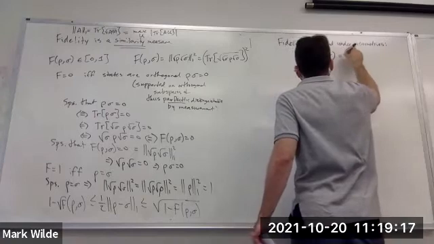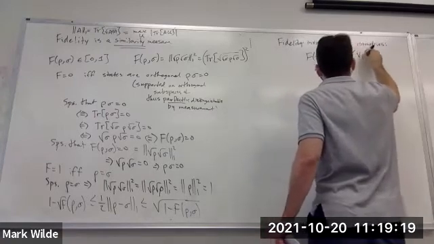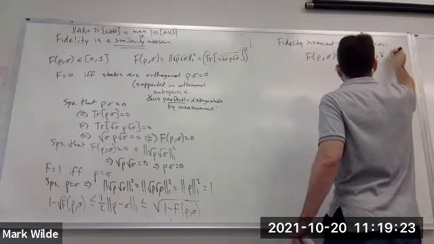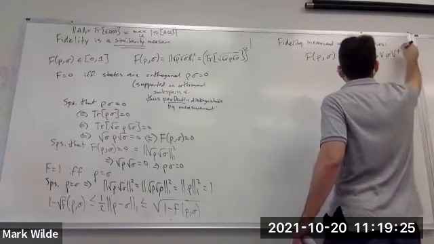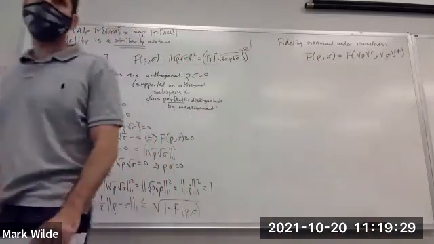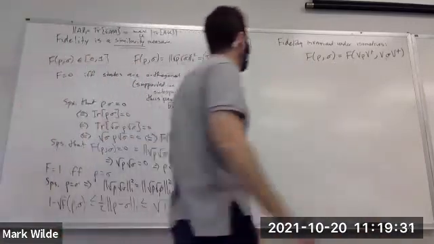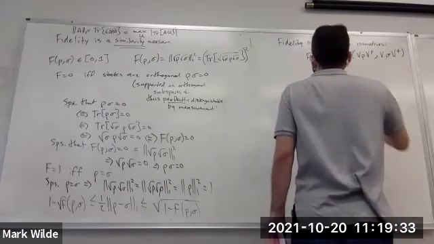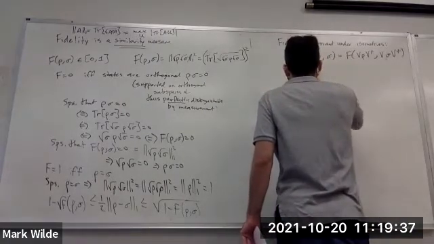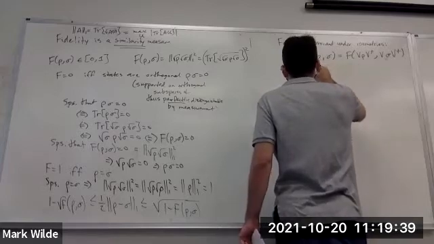If you apply the same isometry to rho and sigma, the fidelity does not change. Then you can easily prove this from the definition. Let's do that. Let's start with the right-hand side.